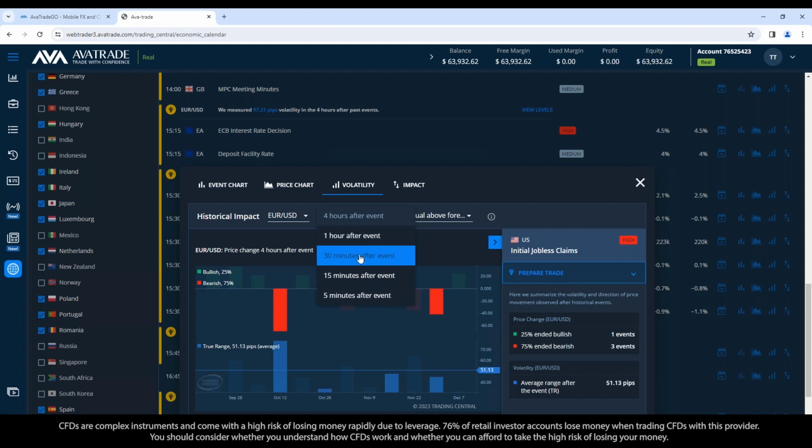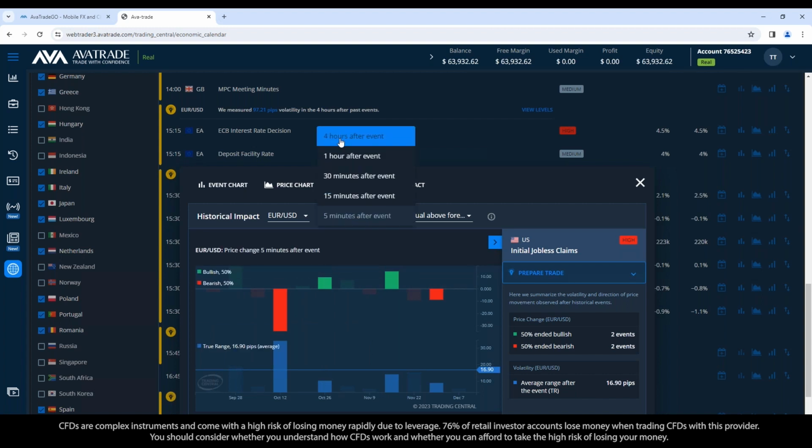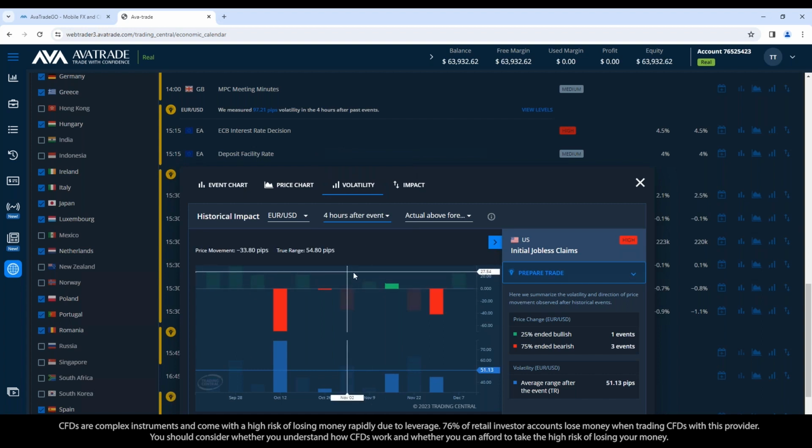In the first 5 minutes, we only see a 16 pip, 17 pip range movement, and half of it was up. Look, we're up 14 pips. We're up 10 pips in the first 5 minutes. And then after 4 hours, none of them are that high. Okay? This one is 7 pips.